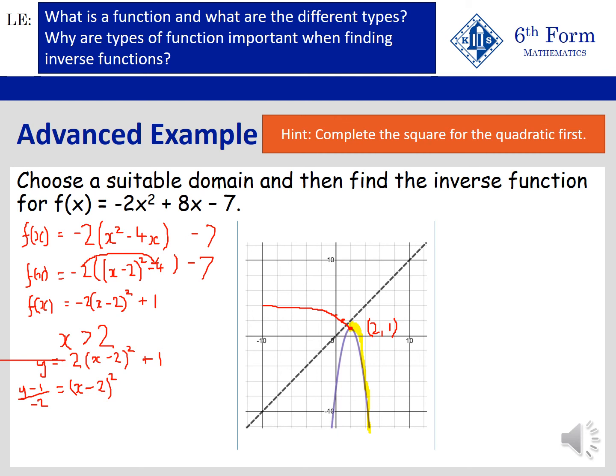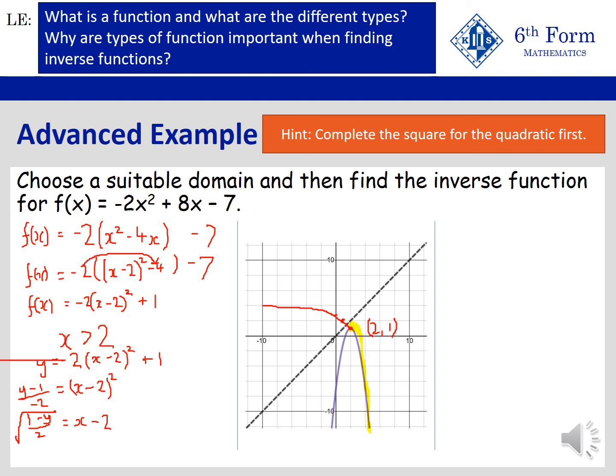We could multiply top and bottom by -1 to make it (1 - y) over 2. And to remove the squared, we are going to need to square root. And we've already decided that we want to use the positive square root, not the negative square root.